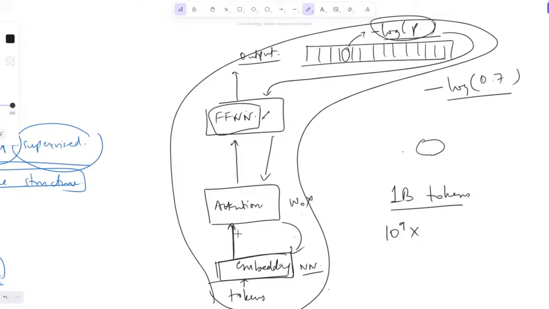I'm assuming there are millions of weights in total, attention and feed forward neural network. So if I take 10 raised to the power 6, this is already a completely intractable number. It's huge. So training models is going to be very, very expensive.